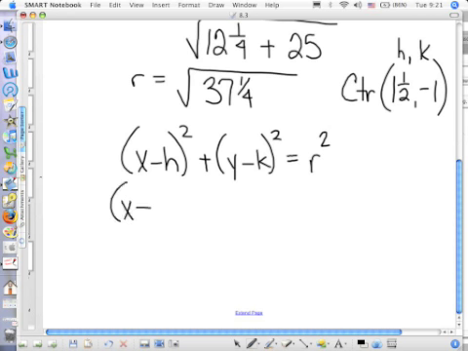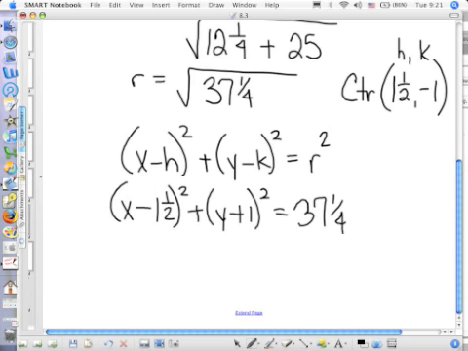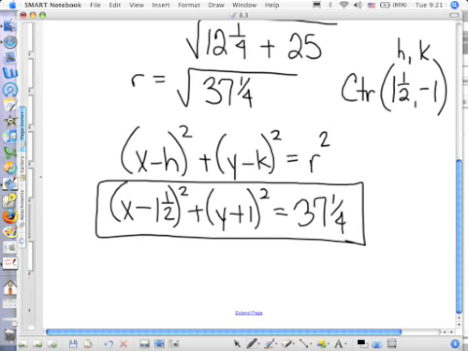So X minus 1.5 squared plus Y minus -1 squared equals, what happens when you square the square root of something? It just goes away. Equals 37 1/4. That's it. Wait, how's it plus 1? Because 1 is negative. So when you subtract the negative, it turns to plus.